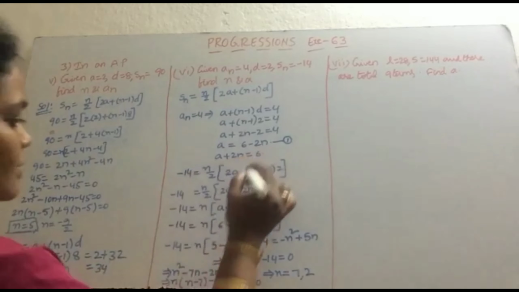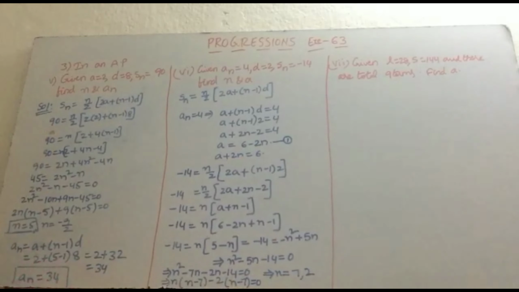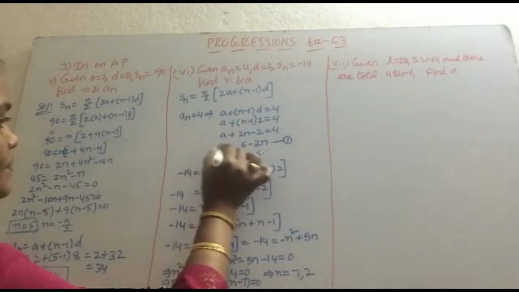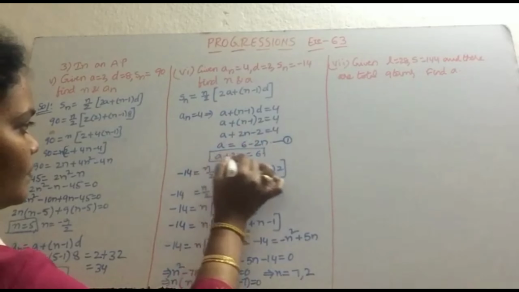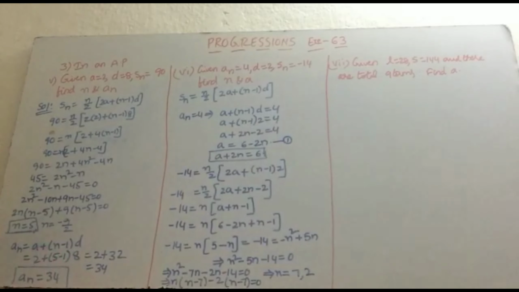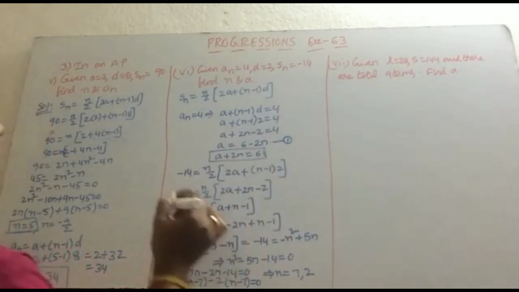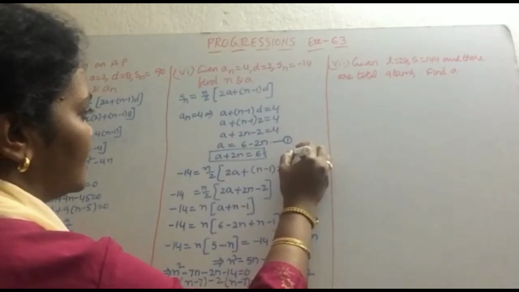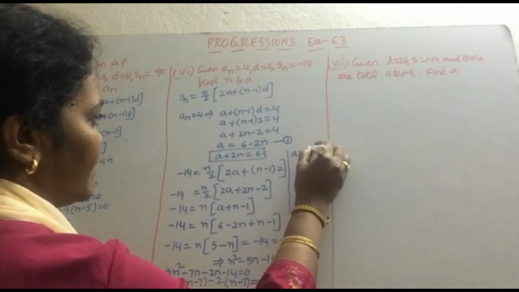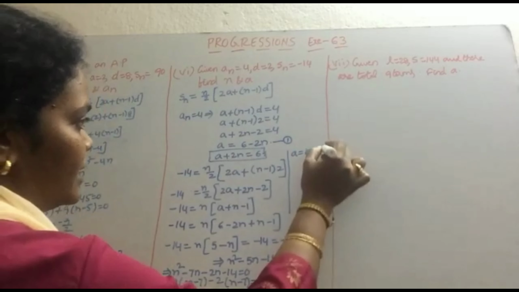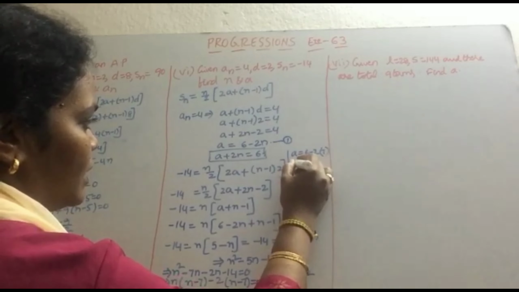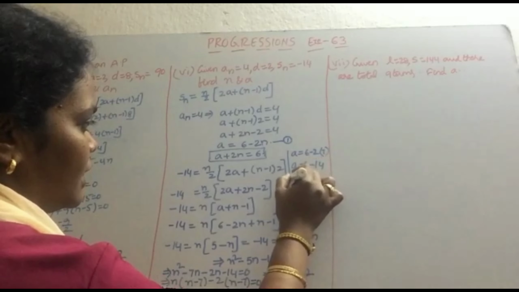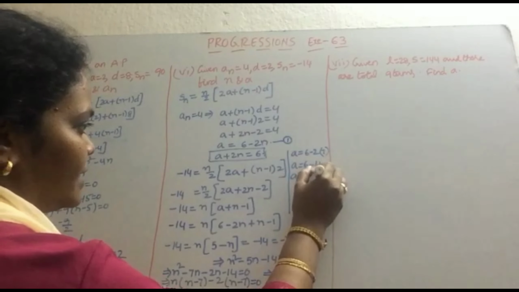So now substitute the value of n in this equation, then we will get a is equal to 6 minus 2 into n, n is 7. So a is equal to 6 minus 14. So that a is equal to minus 8.